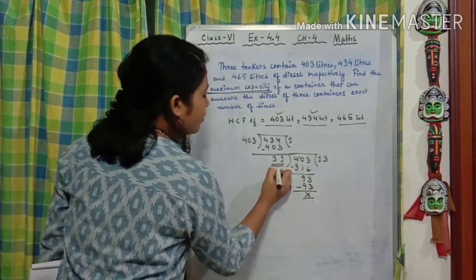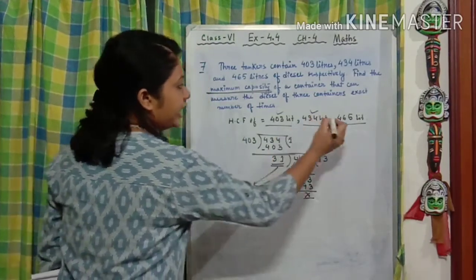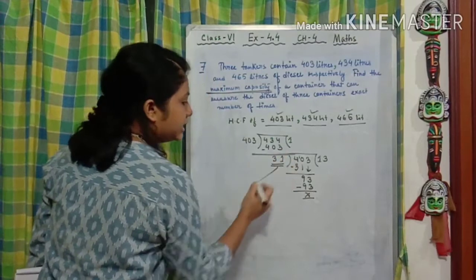Now we will take 31 and divide 465 by this number.